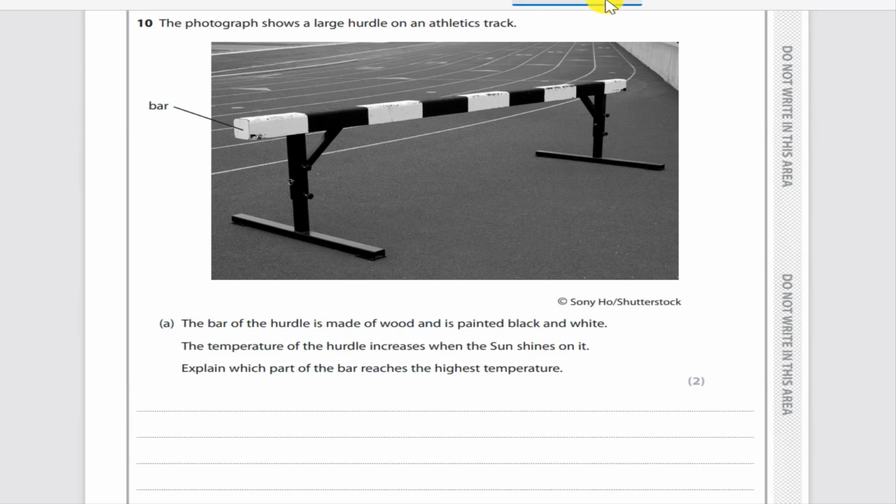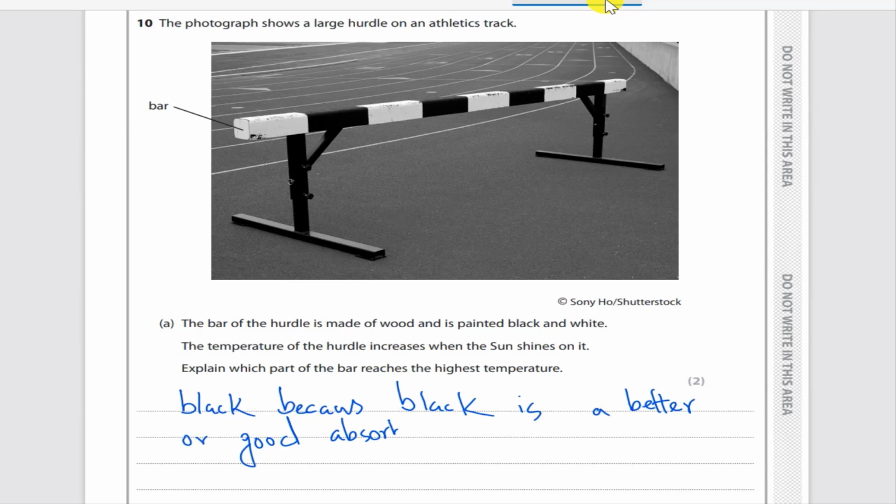So, black, because black is a better or good absorber. Good absorber of radiation from the sun.